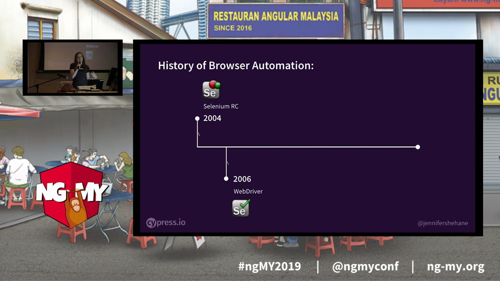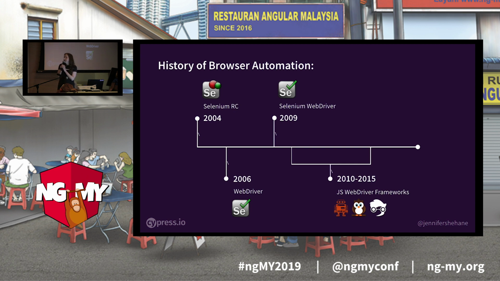They had been using Selenium, and they weren't really happy with how it was working out. Mainly, it was run in a sandbox JavaScript environment. So the WebDriver project began to try to solve the Selenium RC pain points. If you jump to 2008, 2009, Selenium and WebDriver merged into the same project, and Selenium RC was basically retired.